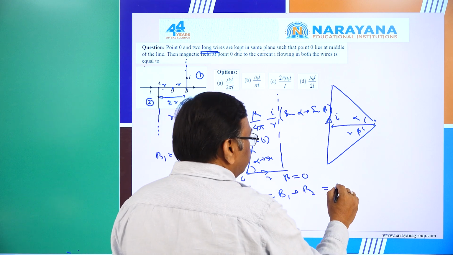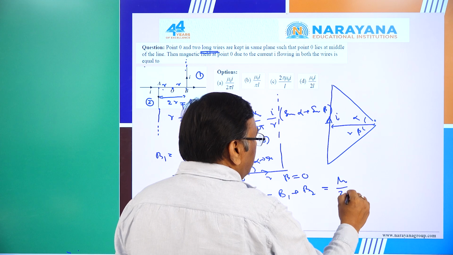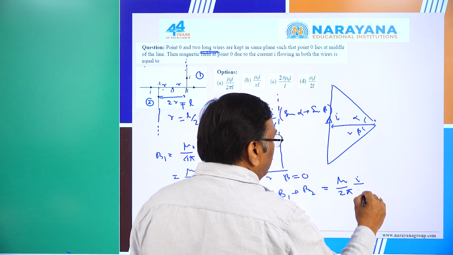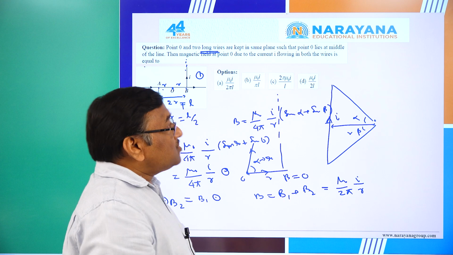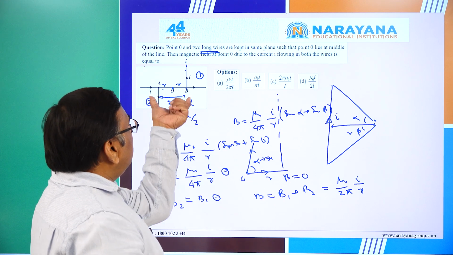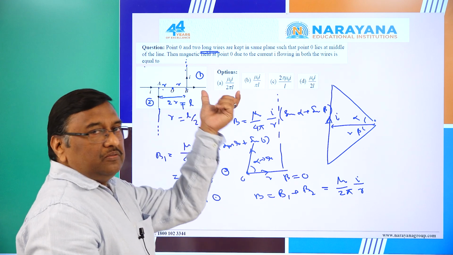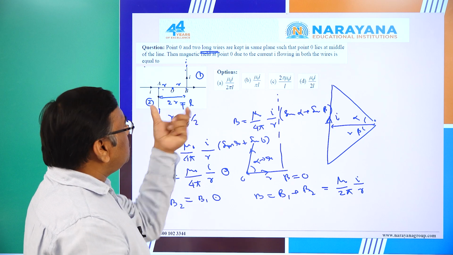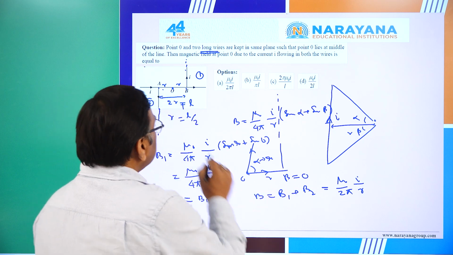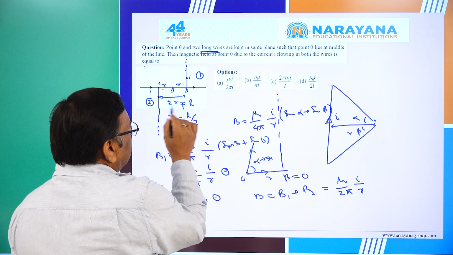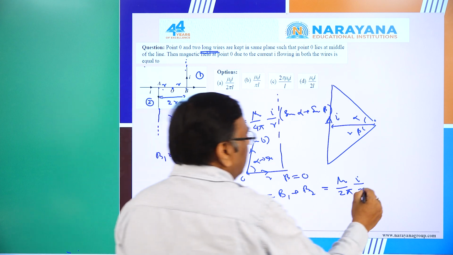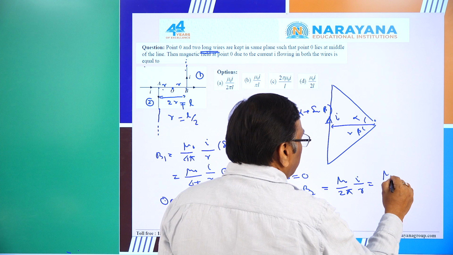Now the sum of these two will simply be mu 0 upon 2 pi, I upon R. As I said, this question is not clearly mentioning what length L is all about. So if you consider the distance between A and B to be L, then your answer is going to be, this total distance is going to be L. So I can say R is going to be L by 2. If I write R equals L by 2, what is my value?